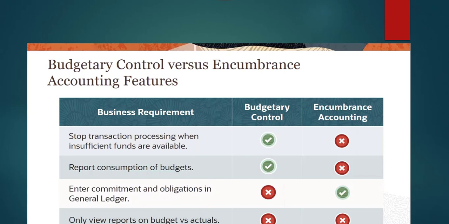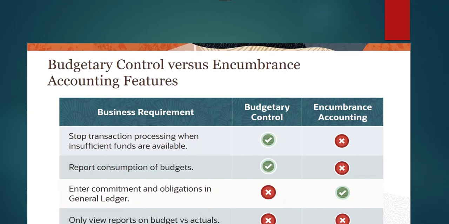So based on the decision points, you can decide to enable the specific features. If you don't need GL journals or balances for purchase orders and requisitions, but you need real-time spending controls on transactions, then you only need budgetary control.